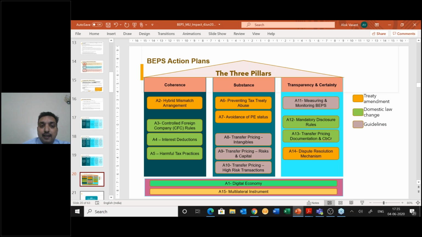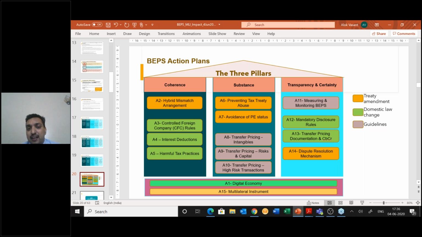So if you see, India has pretty much made these changes in its domestic law with relation to these green colored boxes. And at the bottom, you'll see that there is digital economy. Again, on that, we've spoken that India has introduced equalization levy in that context. And then you have Action Plan 15, which is the multilateral instrument.